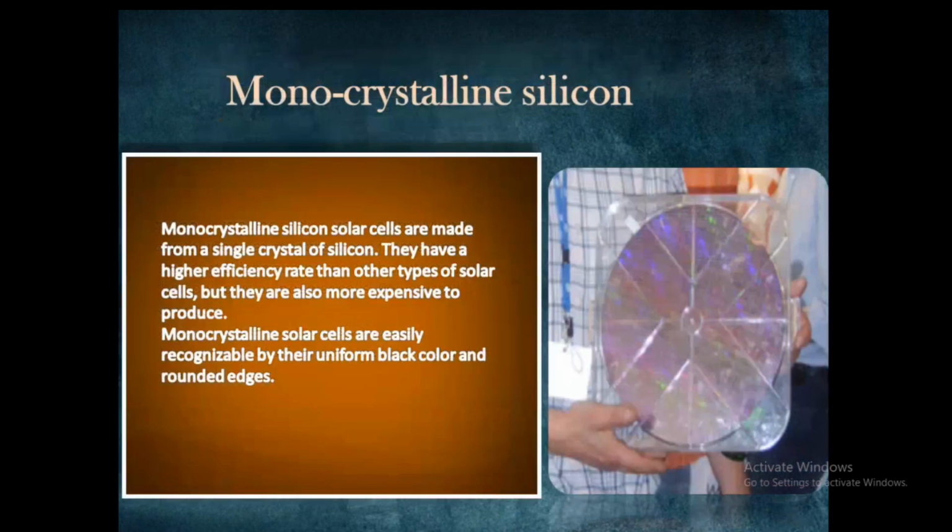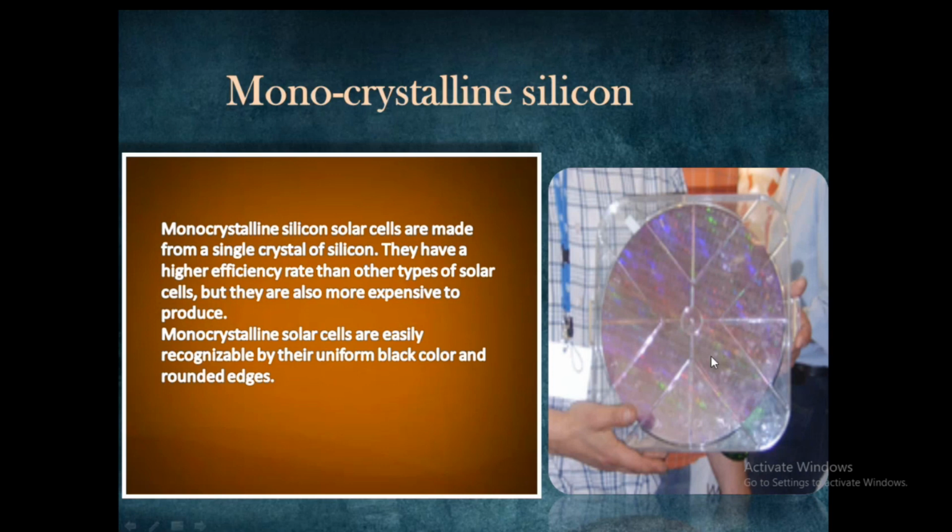Firstly, monocrystalline silicon. These solar cells are made up of a single crystalline silicon. They have a higher efficiency rate than other solar cells, but they are also more expensive to produce. You can see the picture here.